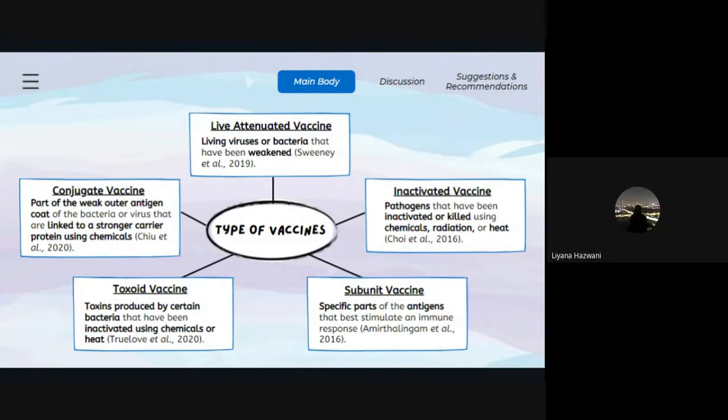Toxins produced by certain bacteria that have been inactivated using chemicals or heat are used in toxoid vaccine. As for conjugate vaccine, it is part of the weak outer antigen coat of the bacteria or virus that is linked to a stronger carrier protein using chemicals. Among these types of vaccines, conjugate vaccine is an under-recognized tool that has been observed to reduce AMR. Thus, I'm going to discuss more on the potential role of this vaccine in reducing AMR.